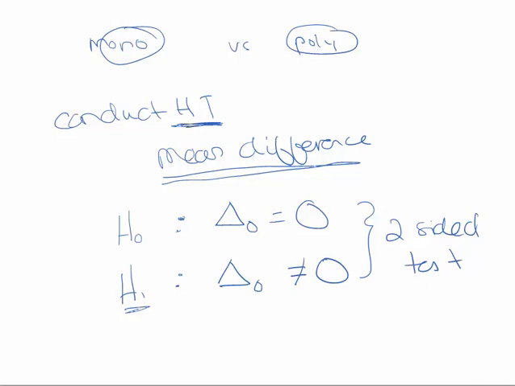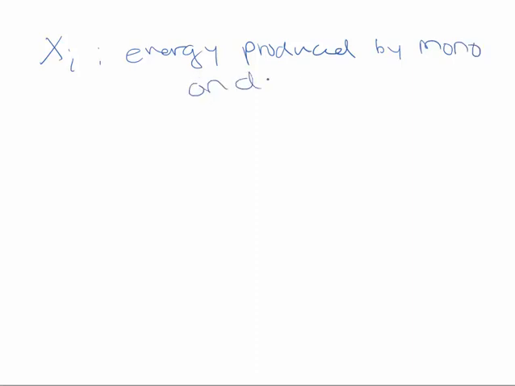What we need to do is start defining certain things. We're going to denote X sub i as the energy produced by the mono on day i.